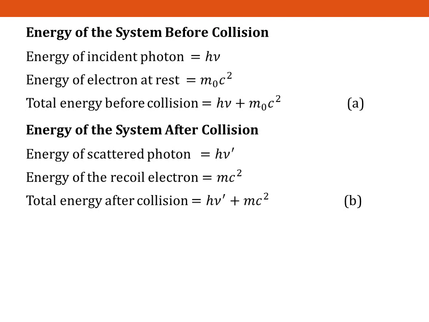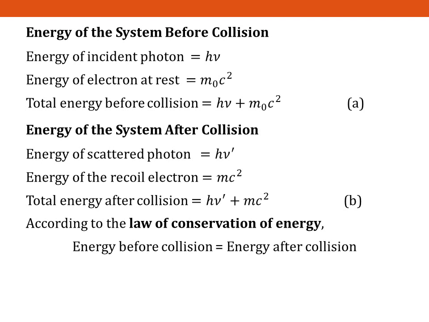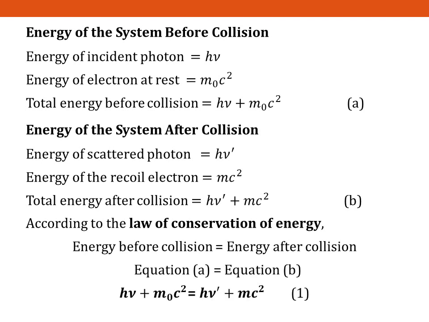This equation we represent as equation B. And now, using the law of conservation of energy, the energy before collision must be equal to the energy after collision, and therefore, we equate equation A and B, and we obtain h nu plus m naught c square equal to h nu prime plus mc square, which we denote by equation 1.